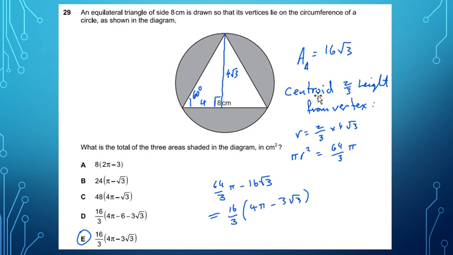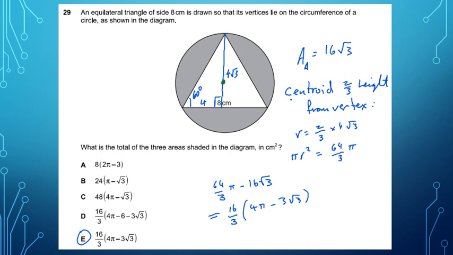to realize that the centroid of the triangle will coincide with the center of the circle. So that's going to be around here, and the idea is that the centroid is at 2/3 the distance from the vertex to the base.